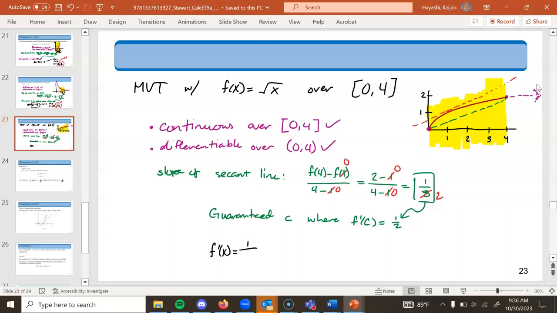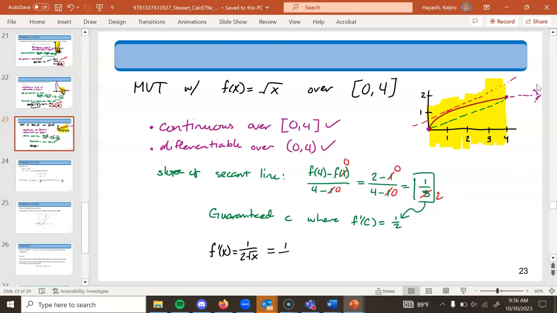So f prime of x is going to be 1 over 2 square roots of x. Again, because of the power rule, if you write square root of x as x to the 1/2, you multiply the 1/2 to the front, that creates the 1 over 2, and then you decrease the power by 1, down from a power of 1/2 to a power of negative 1/2. So it still has a square root, but on the bottom. So 1 over 2 square roots of x.